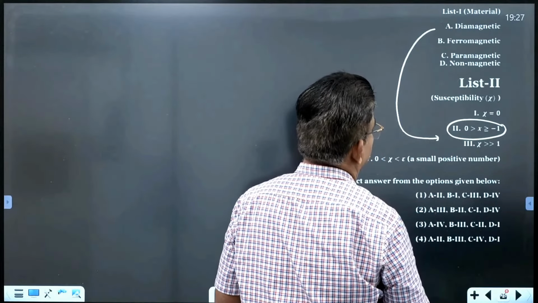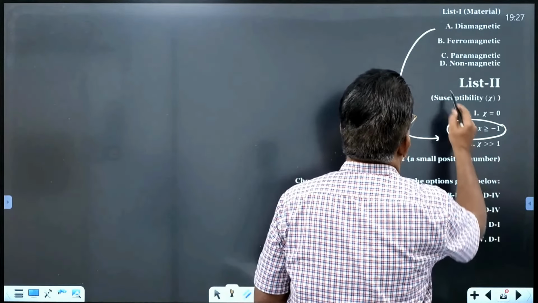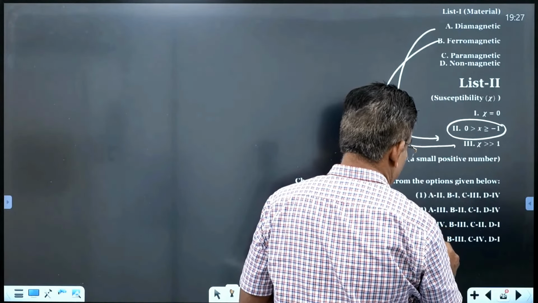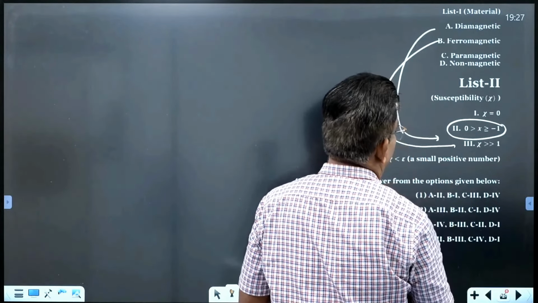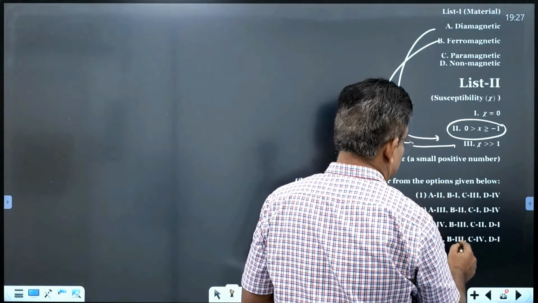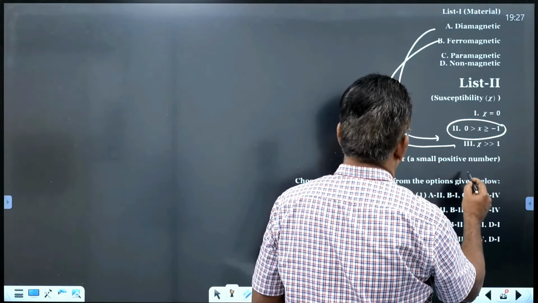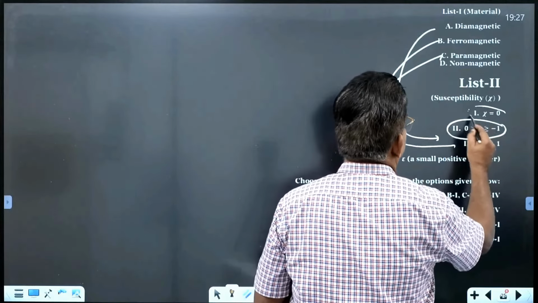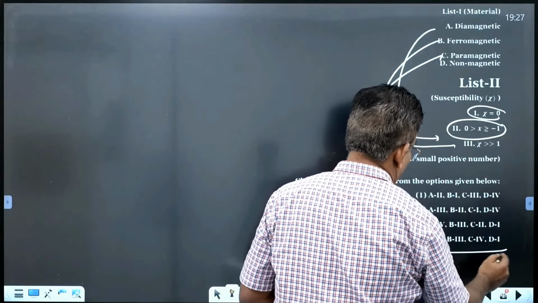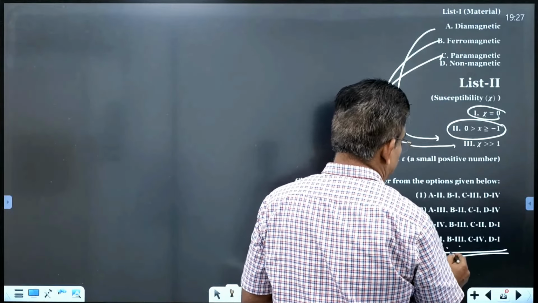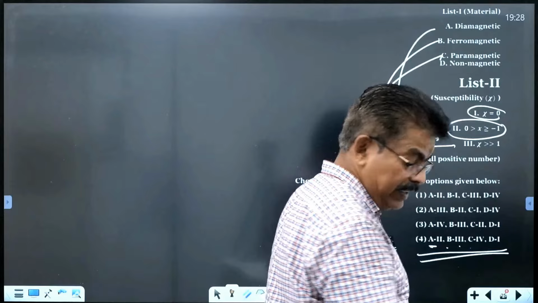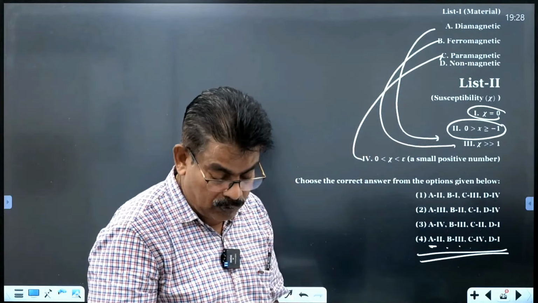Then ferromagnetic, chi much greater than 1. B matching with 3. Paramagnetic, C matching with 4. And D non-magnetic, chi is equal to 0. D matching with 1. So A matching with 2, B with 3, C with 4, D with 1. Answer is 4.